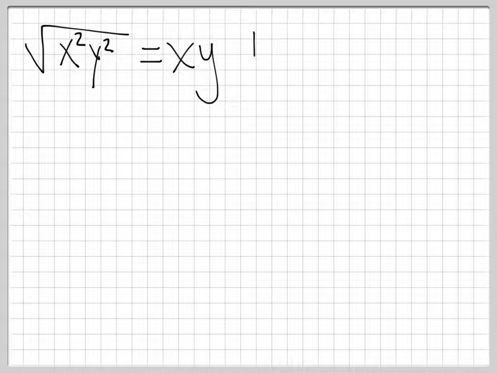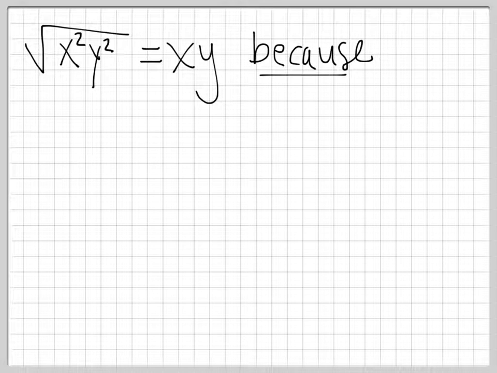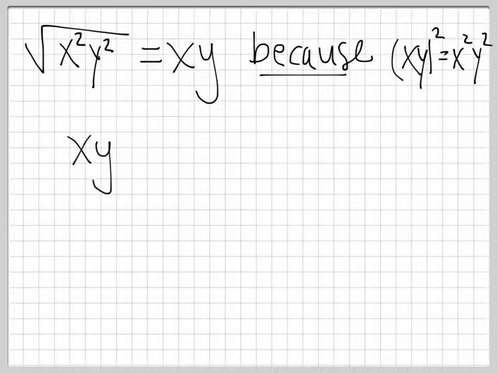Let's do something a little more complicated. The square root of x squared y squared, that's going to be xy, because, well, it should be because xy squared is x squared y squared. And let's check that out. Xy times xy.